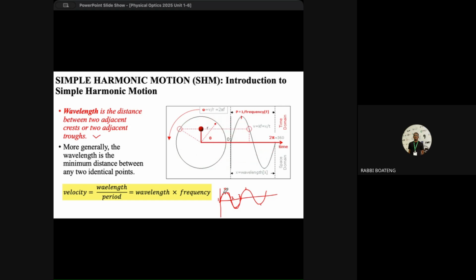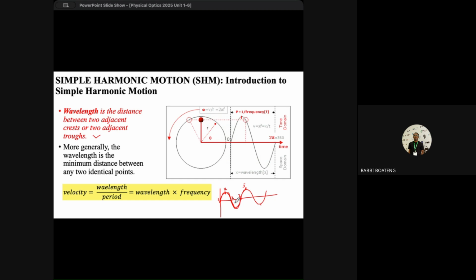But what if I start from 4, then I come and end up at 5? So the crest at the top here and another crest at the top here. How many cycles? 1. Very good, a full cycle, or 1. So I have a quarter here, I have a half here, then another quarter here. The quarter adds up to the initial quarter, getting a half, then another half here, then I get a full cycle.